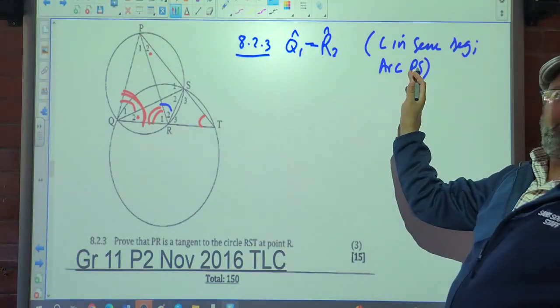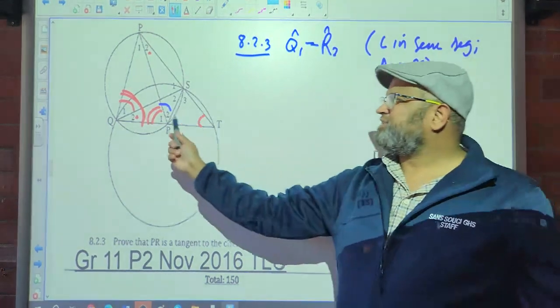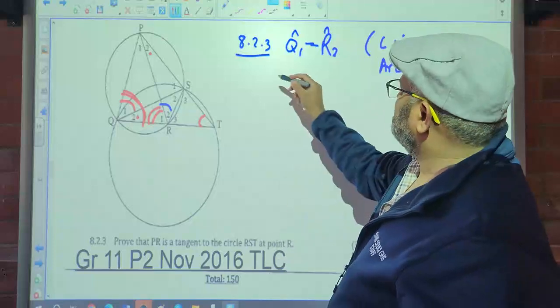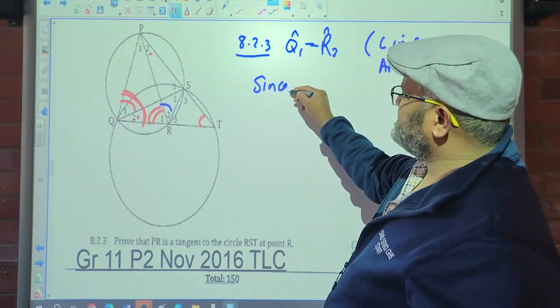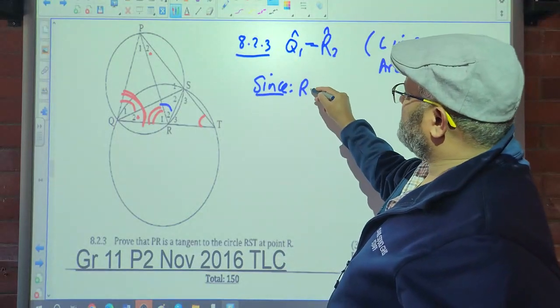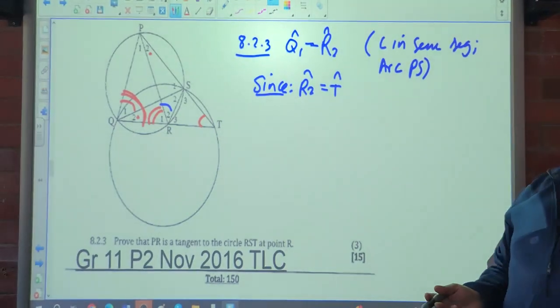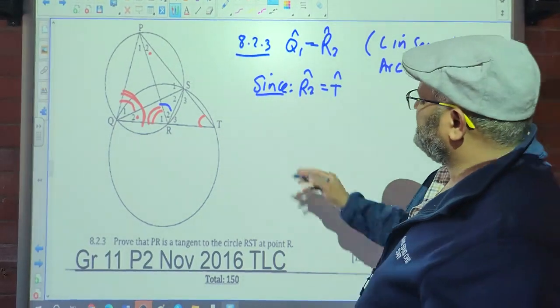Again, the arc doesn't need to be stated. So what do you notice now? It has the same marking. One arc, so you say the obvious: since angle R2 is equal to angle T. That's our observation.